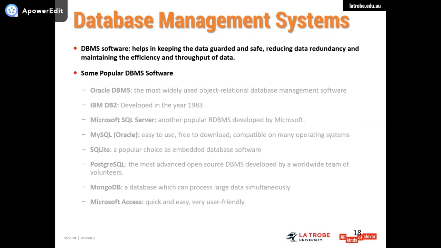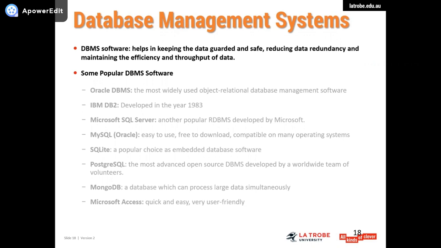And then there is PostgreSQL. This software is the most advanced open source DBMS software, developed by a worldwide team of volunteers. If you want to use an open source DBMS, I highly recommend this tool. It's totally free, totally open source, and it has many good functionalities.